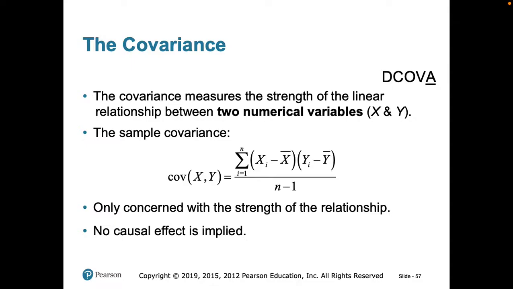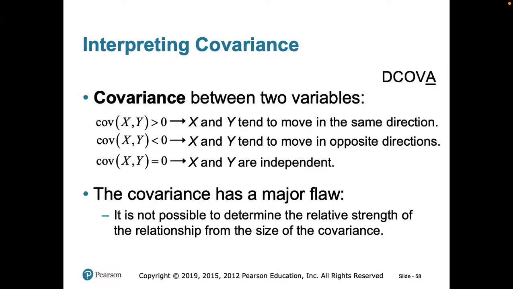The only thing you're looking at is how correlated those two data are. So remember, doing well on one does not imply that you're going to do well on the other. You're just trying to find out how strong the relationship between those two variables is.